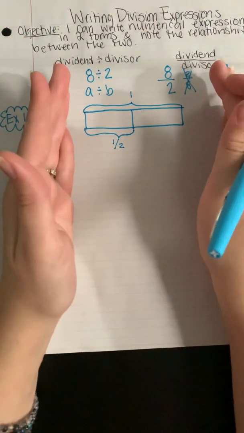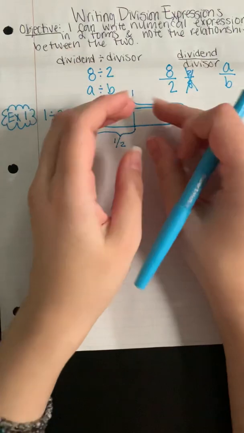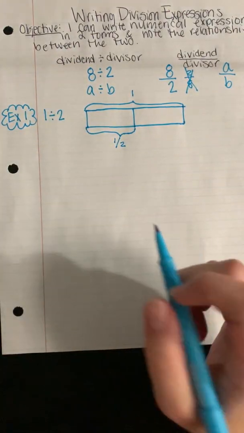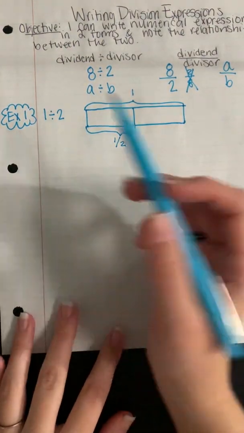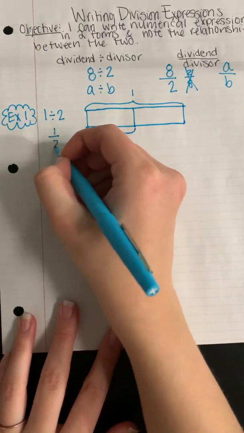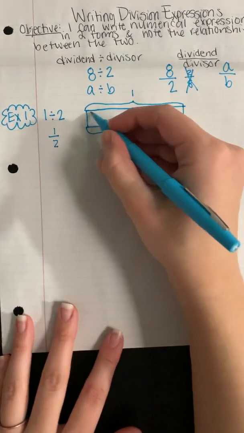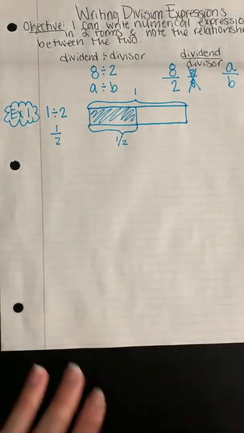So here's one whole model that I divided into my two sections. 1 divided by 2 is the same as 1 over 2, and we just proved that using this model.